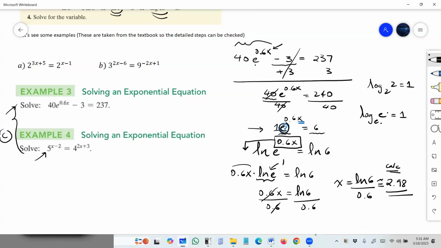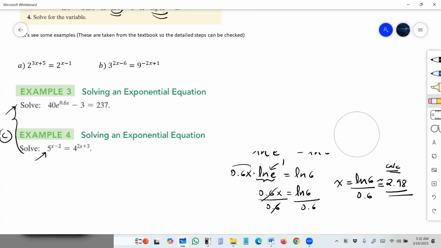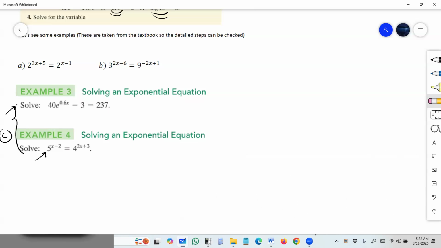Okay. So in the event you cannot convert the bases like we had over here, we are going to take the log of both sides using the base where your variable is. All right, let's see the last and final case, where it's visibly clear from the beginning that you cannot convert the bases.